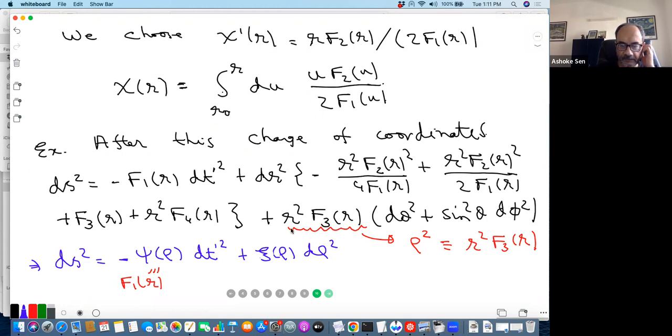And then finally, these I can write as rho square times d theta square plus sin square theta d phi square. Is this clear?